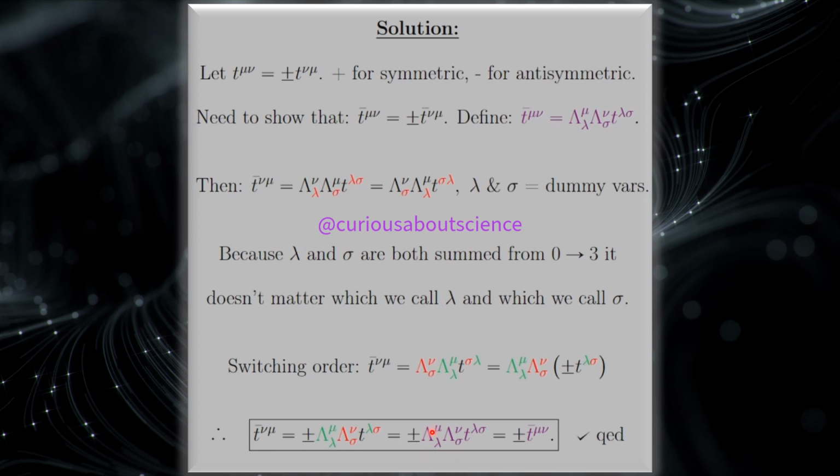So we successfully switched the mu and nu, and therefore we were able to bring in a plus or minus there. This form in purple, which is what we showed in the green and red, just a little more nicely color coordinated, is exactly what we defined earlier in the T bar notation. So we're good to go.